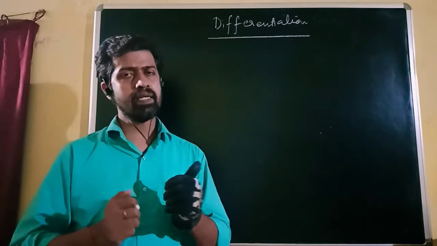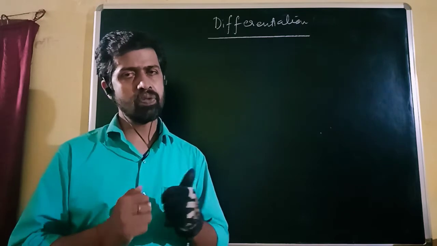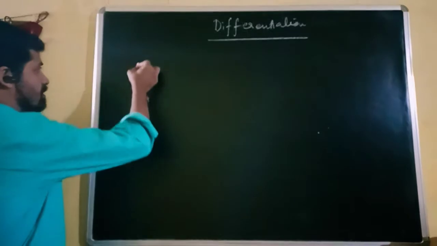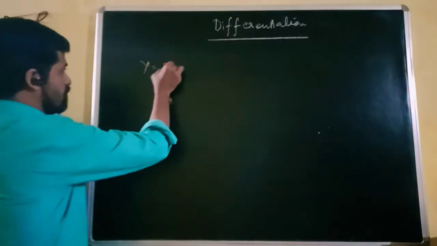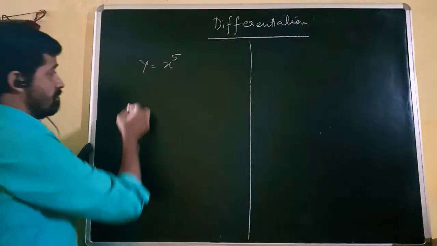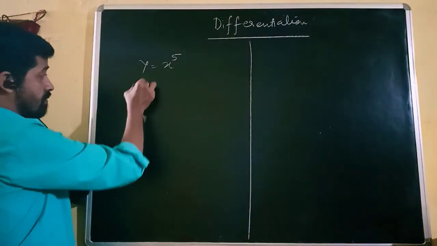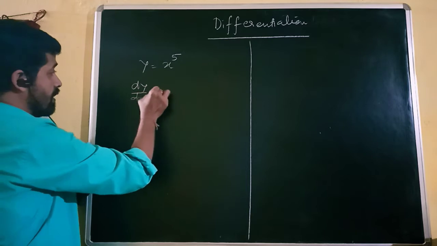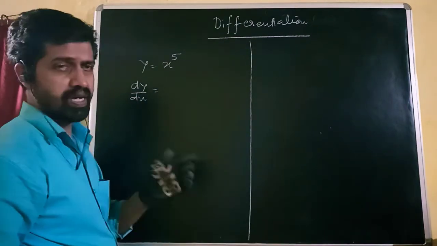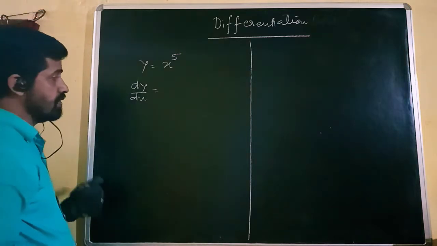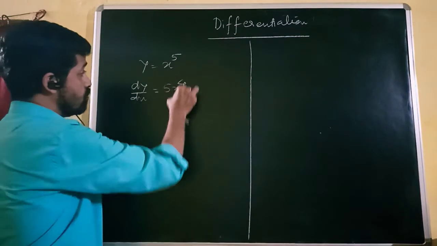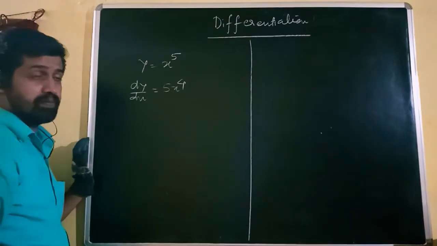In some of the cases, second order derivative is found to be quite easy, like the case if I take y equals x to the power of 5, children. Now dy by dx, the first derivative which you must have attempted in differentiation, is found to be 5x to the power of 4.